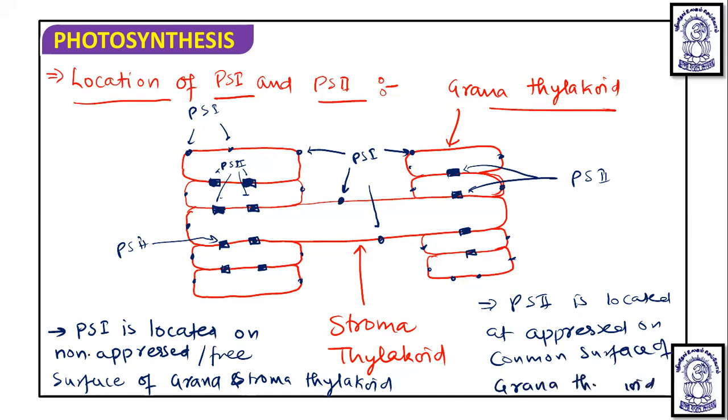Means PS1 is the only photosystem which can be present on the membrane of both grana and stroma thylakoid. But PS2 will be located only on the grana thylakoid, because the common surfaces will be seen on the granum only. And that is where you will see this particular location of PS1 and PS2.